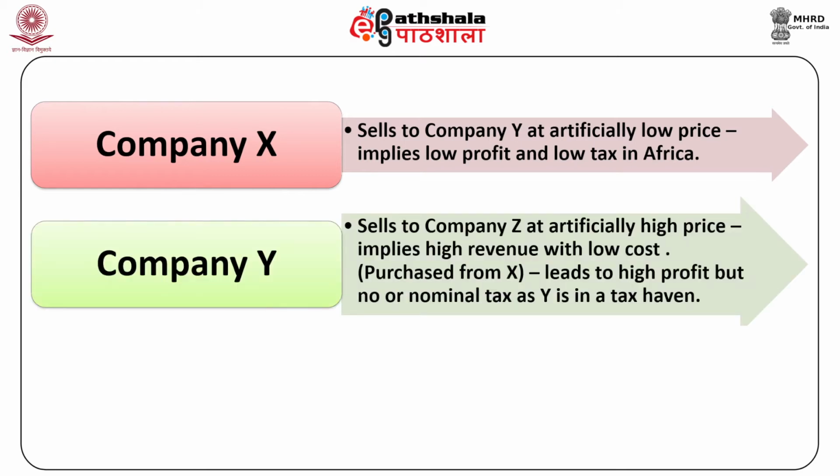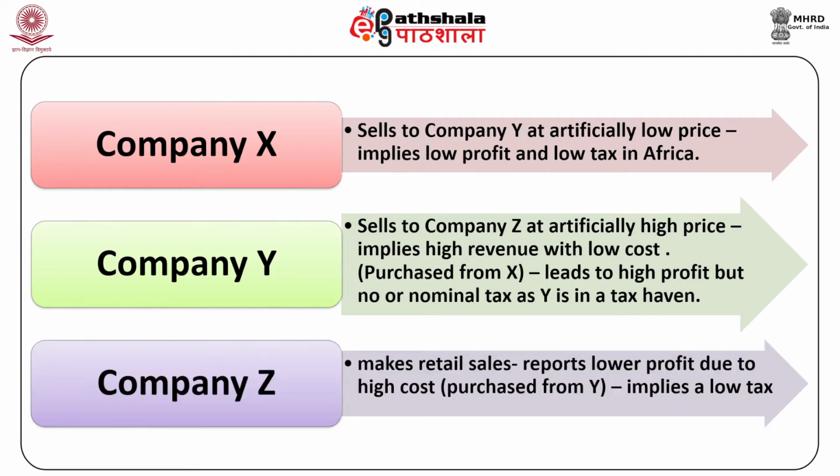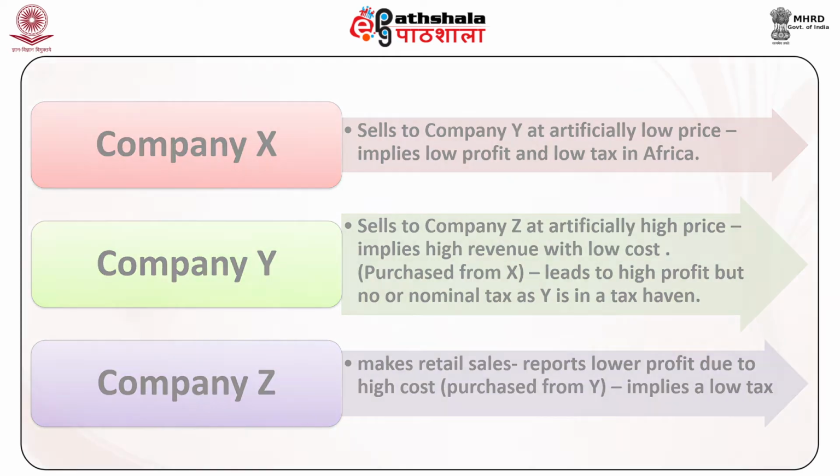Company Y sells to company Z at artificially high price, implies high revenue with low cost purchased from X, which leads to high profit but no or nominal tax as Y is in tax haven. Company Z makes retail sales, reports lower profit due to high cost purchased from Y, which implies a low tax.